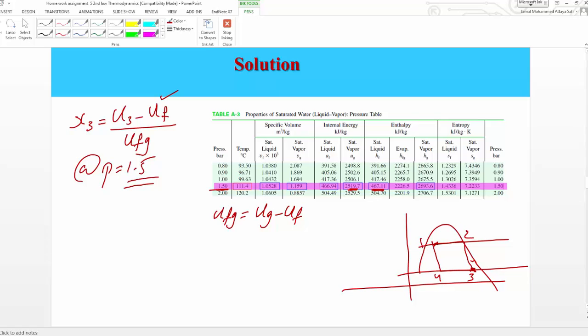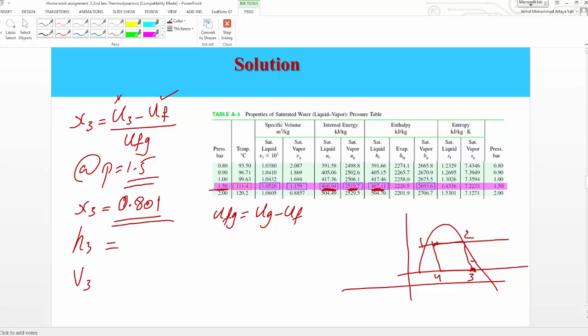This is uf, and this is ug. Put those numbers here, and u3 we already found in the previous slides. If you put all these things together, you will get that x3 is equal to 0.81.